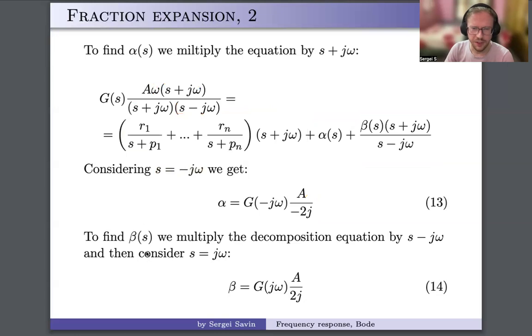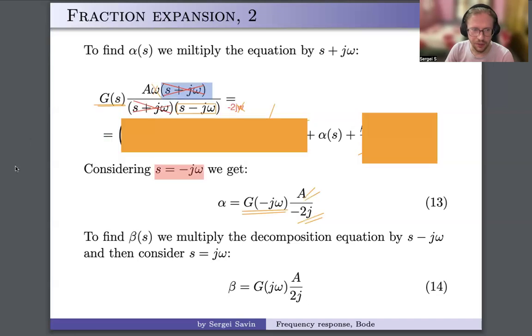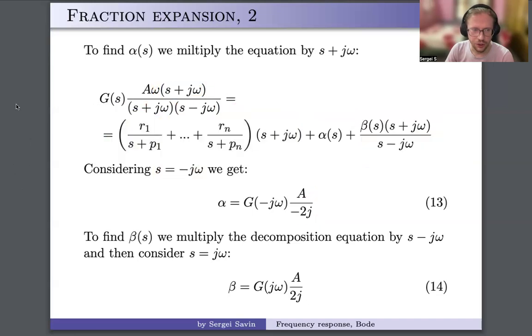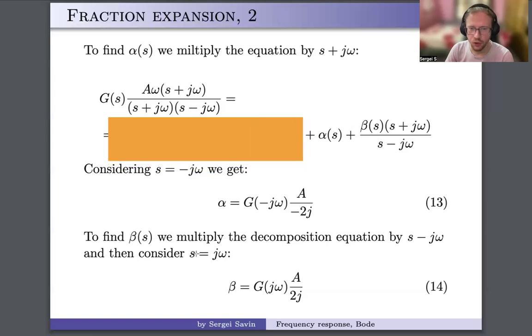Next, we do the same with beta, right? So we're going to multiply everything by S minus j omega. Let me show it carefully. This will disappear for the same reason, because we are going to allow S to approach j omega, right? This will disappear. Here we'll have only beta left.